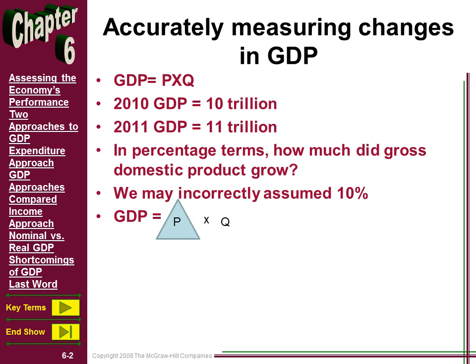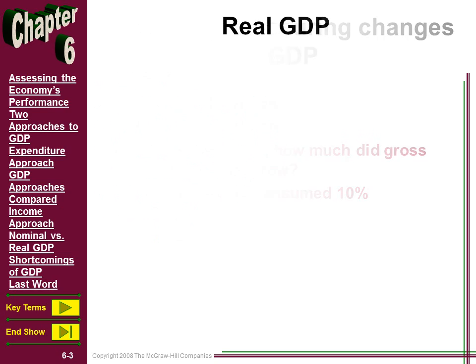But GDP equals P times Q. Remember, we're attempting to measure quantity, and we are now aware that prices of goods and services change over time. So what we need to do is develop an efficient methodology for accurately measuring changes in GDP over time, knowing that the price level does not remain constant. How do we do this?